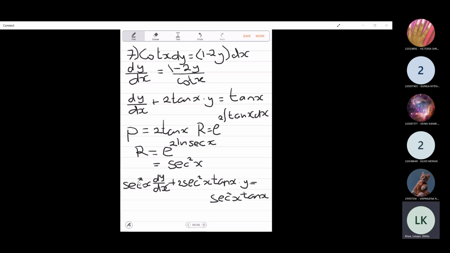Okay, then on the left hand side you see we have sec squared of x. The derivative of sec squared of x is this, and we have y. The derivative of y is that, so we can condense that to give y sec squared x prime. This is sec squared x tan x. Okay, and then now we just need to integrate to get rid of this derivative.